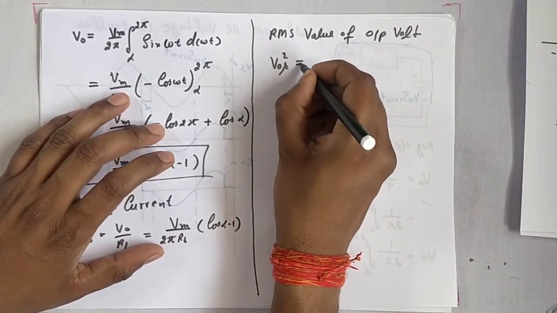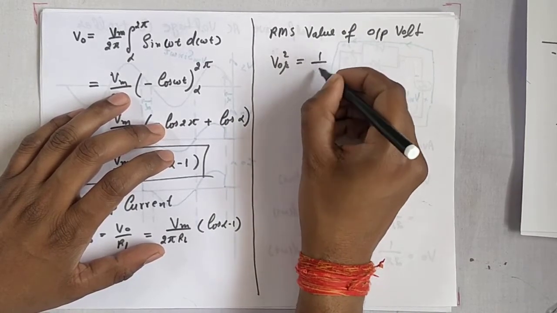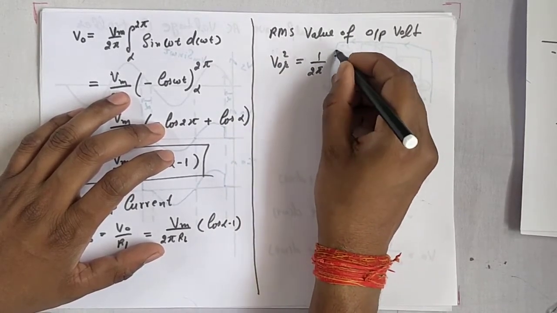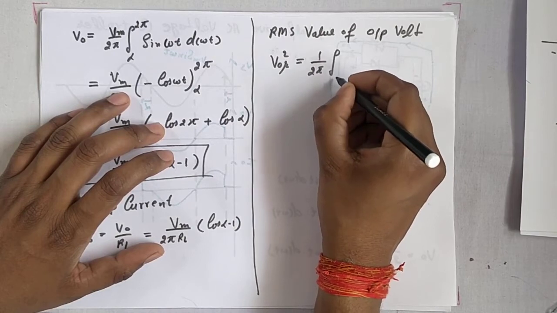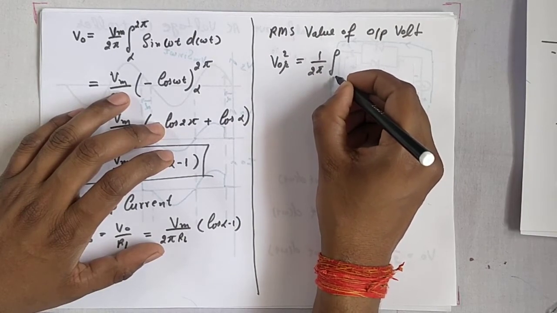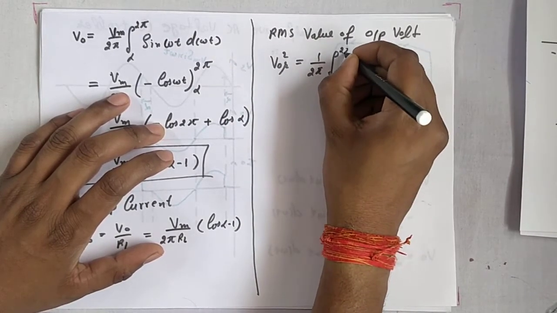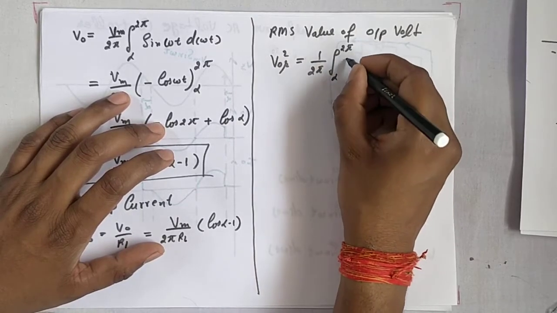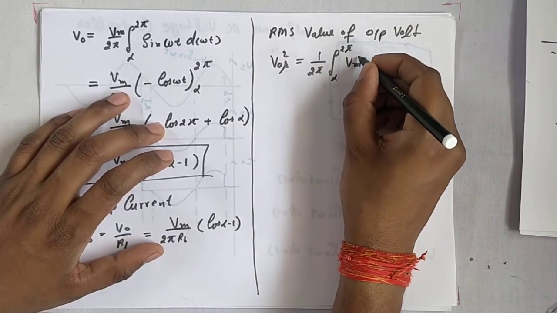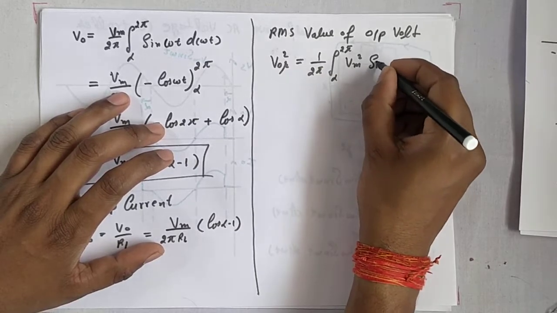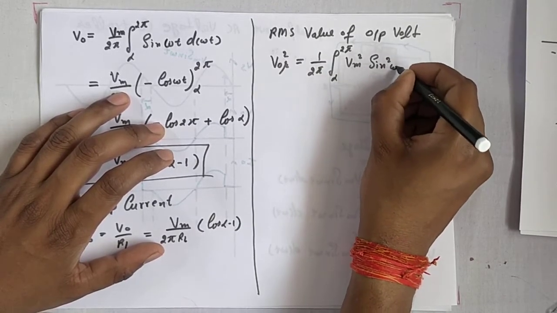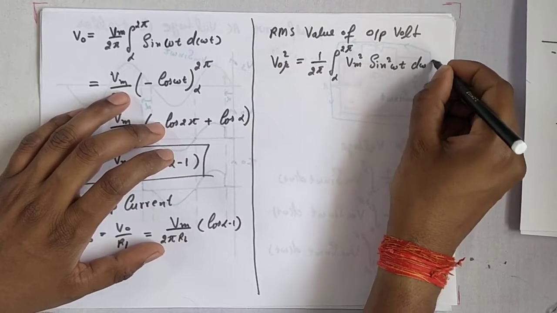VOR square equals 1 upon 2 pi, integral from 0 to 2 pi or alpha to 2 pi, of Vm square sin square omega t d omega t.